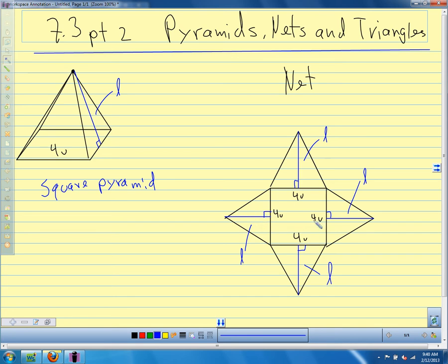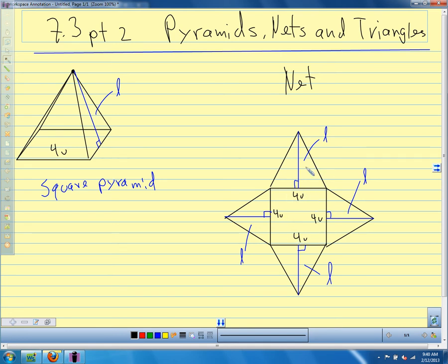And to find the area of the triangle, we would take the base of the triangle, which is 4 units, times the height, which is the slant height, and divide that by 2. And I have 4 of those. Well, if I take 4 bases, 4 of these sides, and add them all together, what do I get? The perimeter of the base.